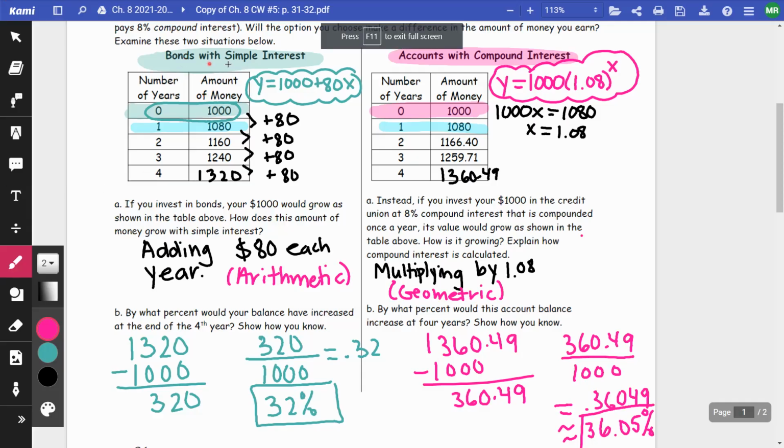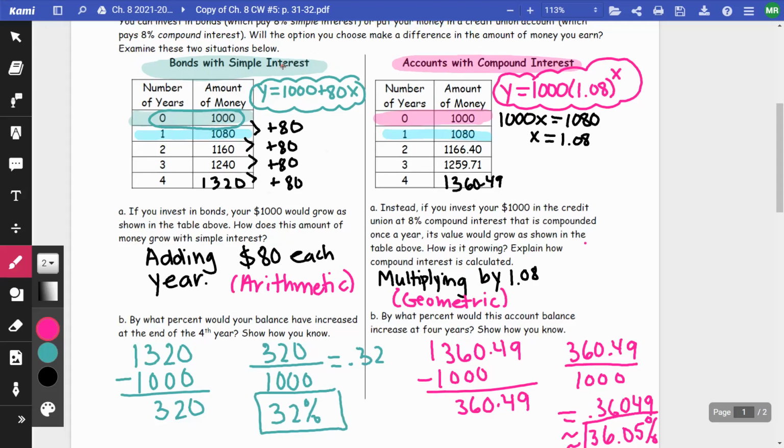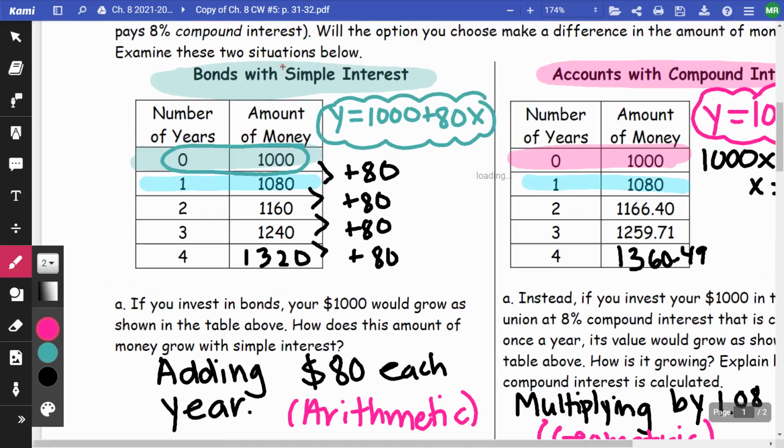Now, the difference between simple interest and compound interest is, when you get 8% simple interest, you get 8% of the original amount you put in.